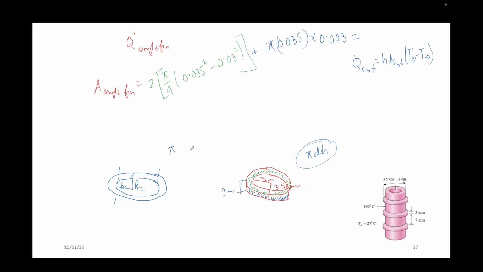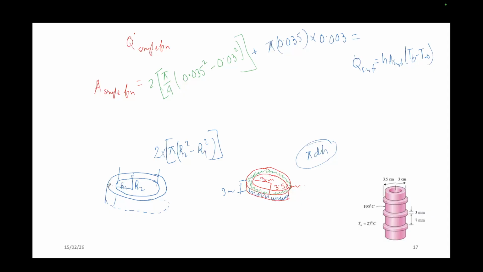Pi into R2 square minus R1 square. So this surface, you observe from the top. From the bottom also the same surface is there, so that's why into 2.